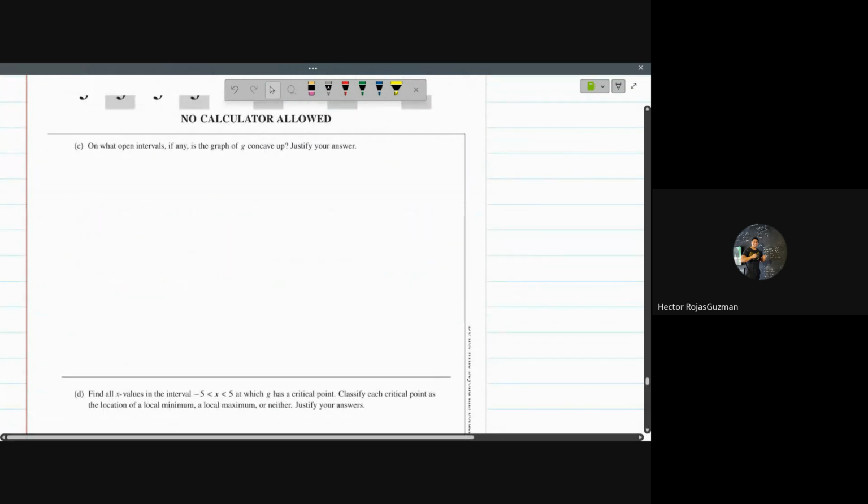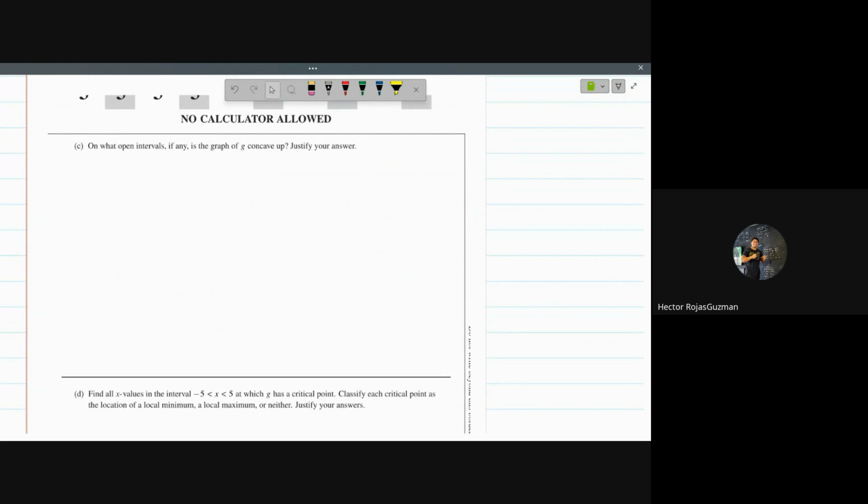C. On what open intervals, if any, is the graph of g concave up? Justify your answer. Since we're talking about concavity, that means we have to deal with the second derivative. We already know that g is the integral of f, g prime is f.